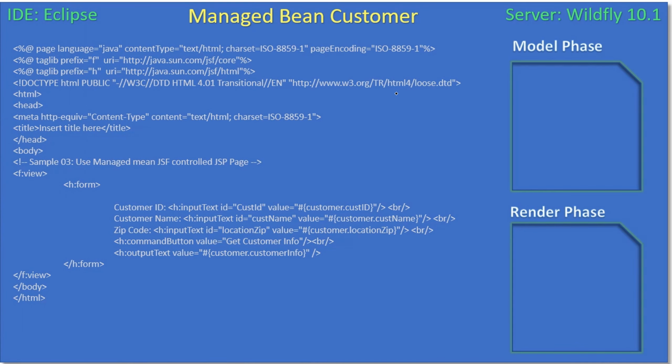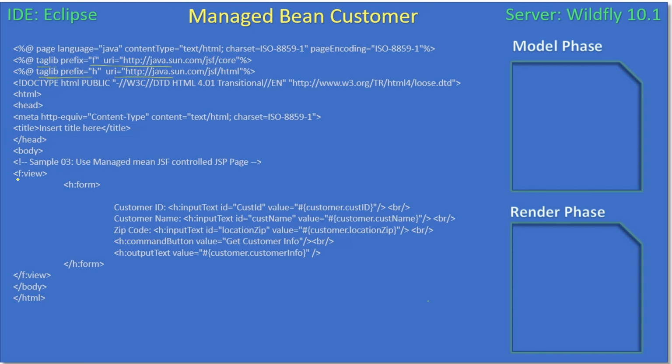Once the bean is defined, we create a JSP page. In the JSP page, we are using our taglib directive to tell that this is a JSF supported JSP page. In the previous example also we saw this. The prefix is f, which is JSF core, and h, JSF HTML. Here we have HTML head, title, body, all those.